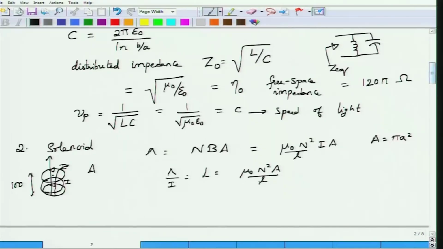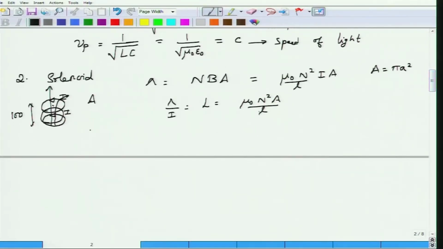As a simple example, take the case of a solenoid which has N of 1000 and a length of about 50 centimeters. Clearly this 50 centimeter solenoid will be completely different from the inductance that you find in practice.